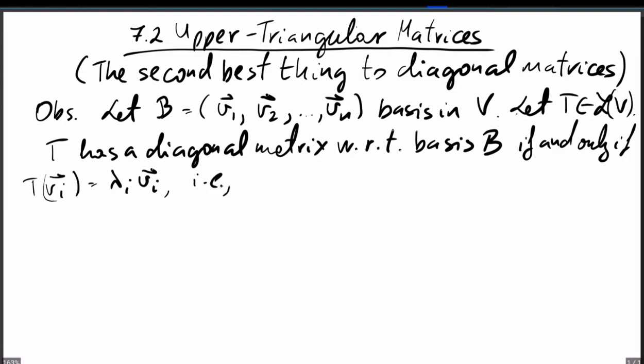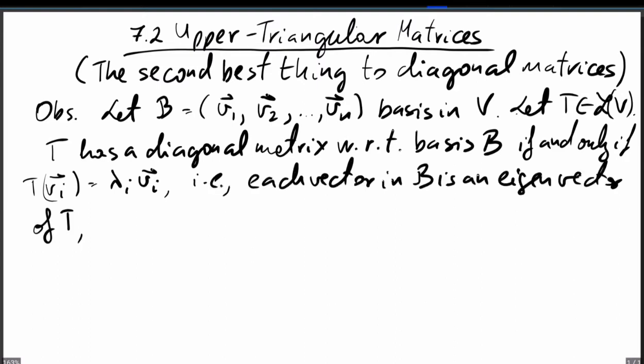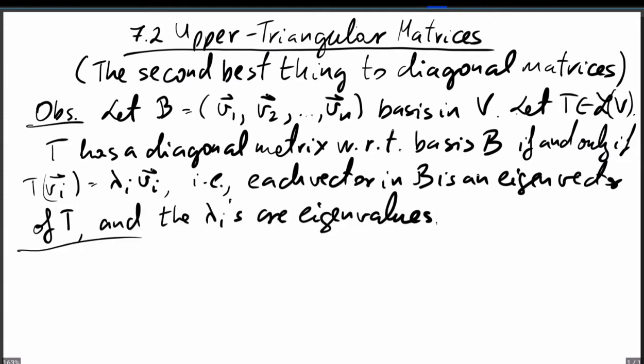That is, each vector in the basis is an eigenvector of T, and the lambda i's are eigenvalues. So this is quite simple to look at.